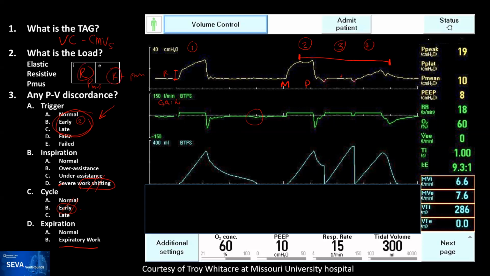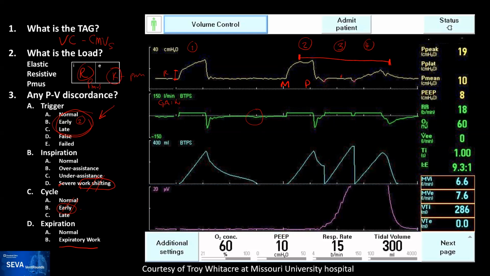And Troy was very kind, and in this image, I just hid it so that we could first look at the waveforms, and then look at the EEG activity. And this was very interesting to me because there is evidence, in the waveforms, of PMOS. And then you have this evidence of work shifting, and down here you have a very hyperactive diaphragm. The waveform went somewhere all the way up here, and then it peaked down, something like that.